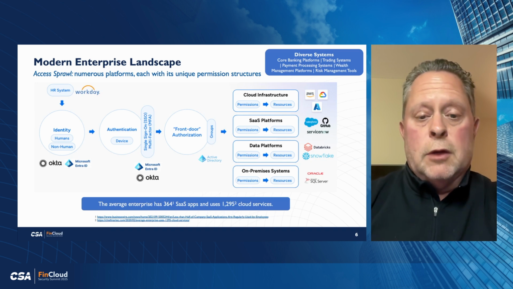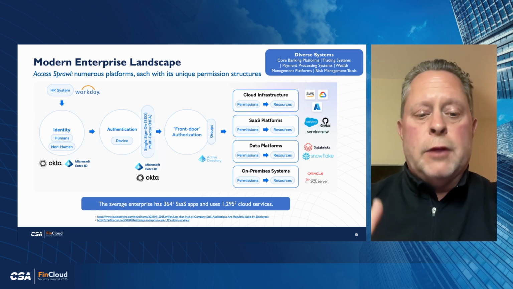Many of us have a significant amount of on-premise landscape. This is a big, big challenge, and it's constantly growing rapidly when you start thinking about our core banking platforms, trading systems, payment processing systems, wealth management. All of this is a level of variability that it's tough to keep up with.